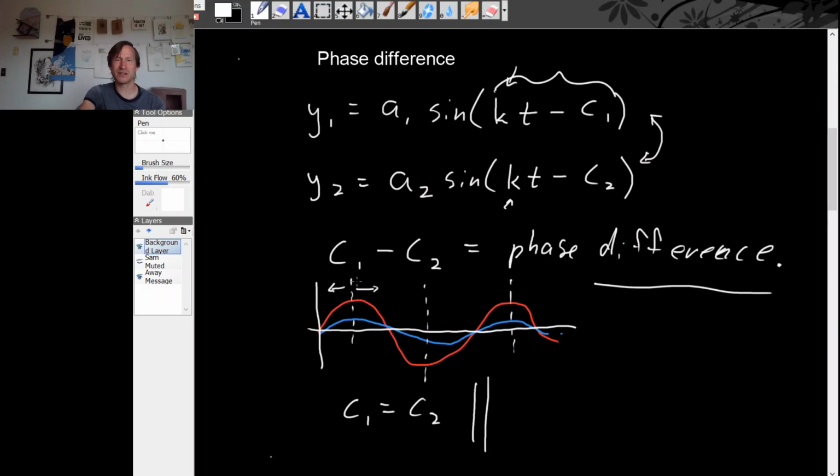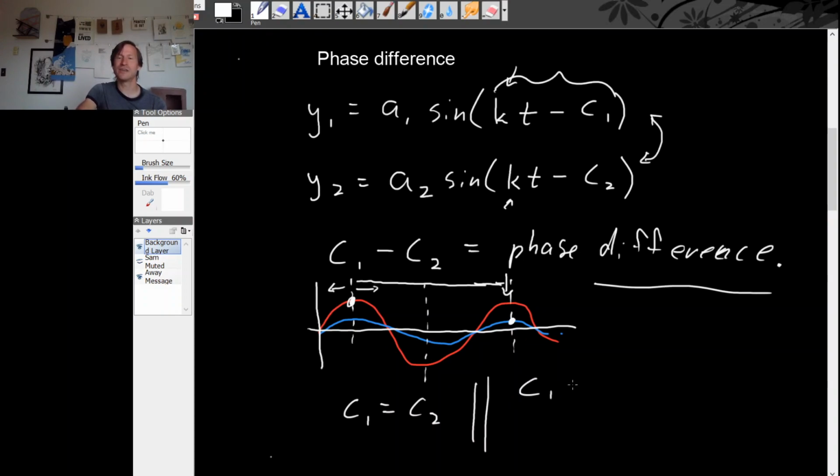That would correspond to sliding the peak of the red graph all the way over to here. Then this first peak would match up with the second peak in the blue graph. But since the red graph is periodic, still all the peaks and troughs would match up. So it's not necessary that C1 and C2 be exactly the same to have the peaks line up.